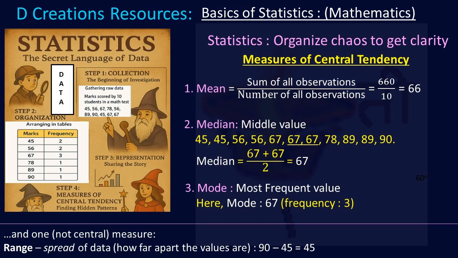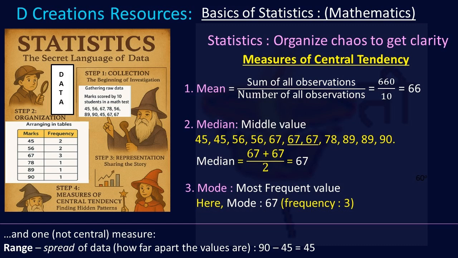Now we go to the next step, which is organization of the data. Now logically, how do you think we should organize this data? Naturally, when we find numbers, we are curious to know what is the lowest number and what is the highest number in this set. So, why not organize them in ascending order?